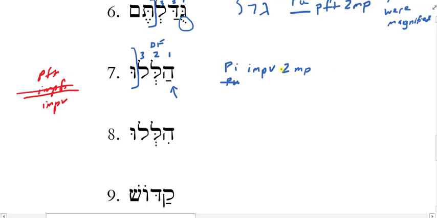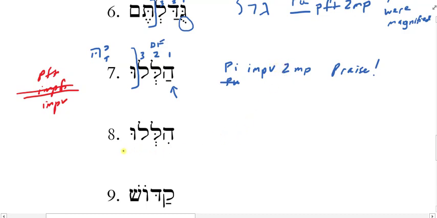And what am I telling you men to do? In the PL, what does halal mean? To praise. Okay? So this is a command: praise. Hallelujah. In the Hebrew Bible, this is followed by the word Yah. Hallelujah. What does that mean? Praise the Lord. Praise Yah.